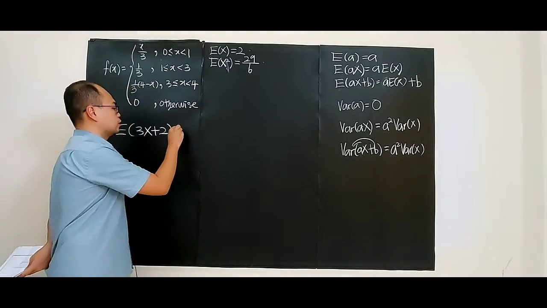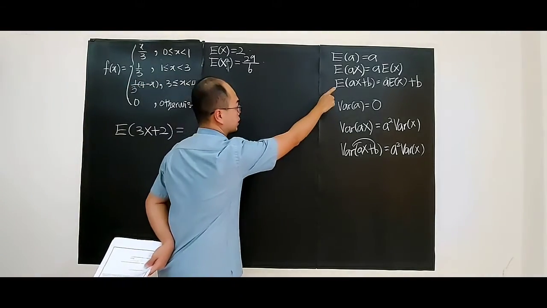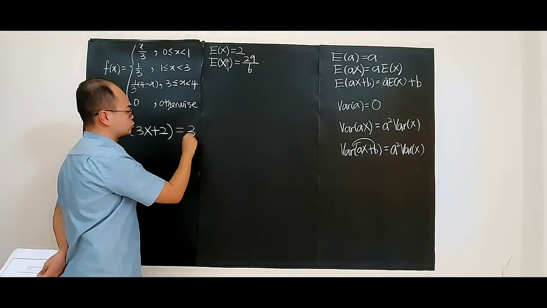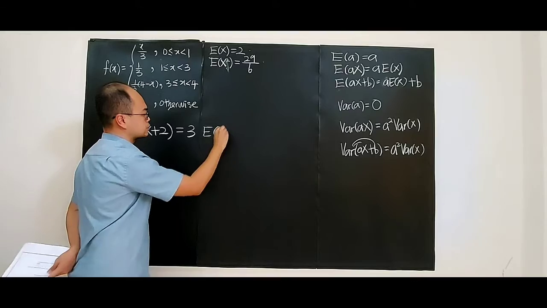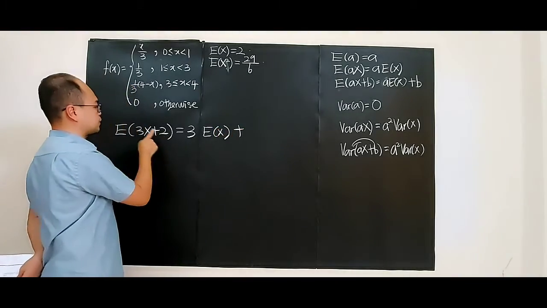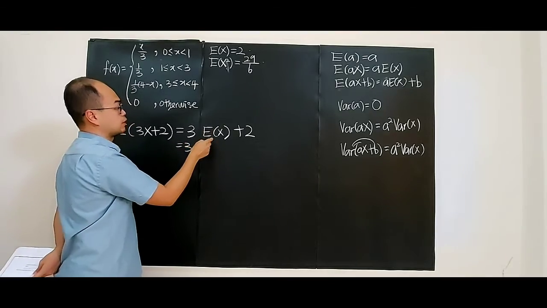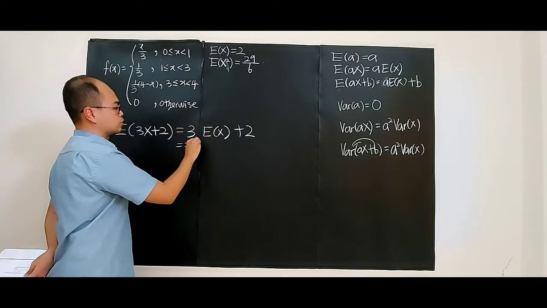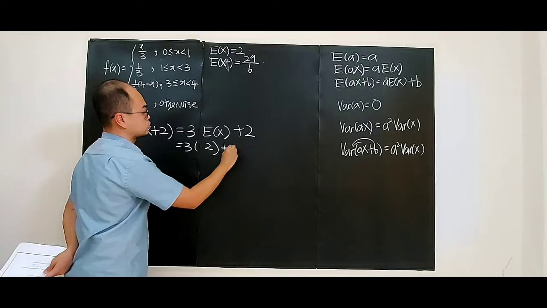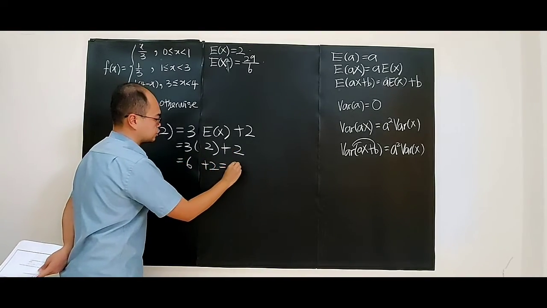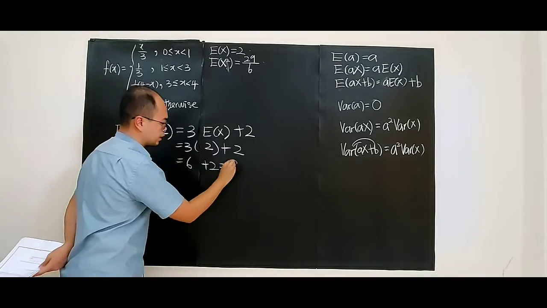So very simple, apply these properties. 3 is like a, a constant. So 3E(x) plus the expectation of 2, which is 2. Just use the value that you found plus 2, so you have 6 plus 2. The expectation for this will be 8.